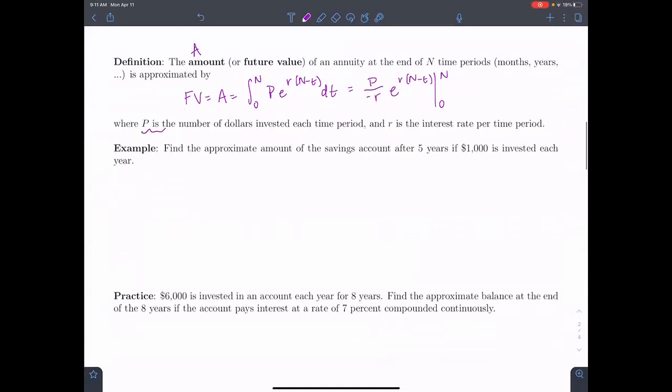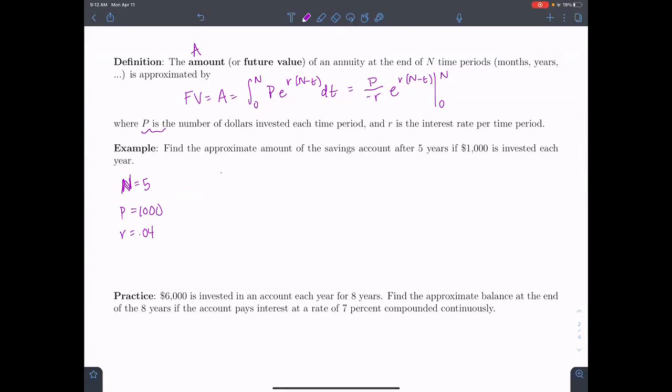So let's do that for our example with the $1,000 invested every year for 5 years. Let me make a list: n is 5, P is 1,000, and r is 0.04. We'll see how close we were.